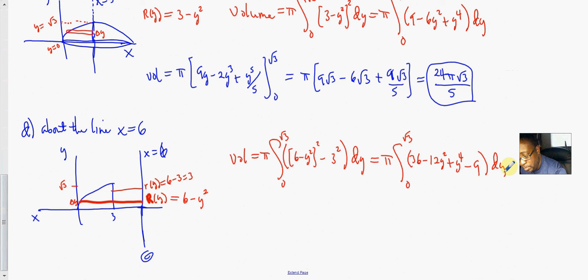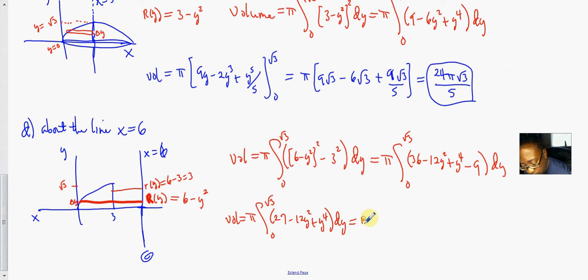We're integrating with respect to y. So we have here, simplify that a little bit more. This is pi times the integral from 0 to the square root of 3. And so the 36 minus the 9 is 27 minus 12y squared plus y to the 4th dy.